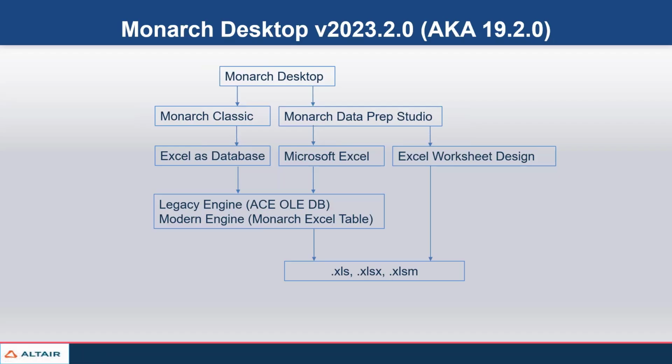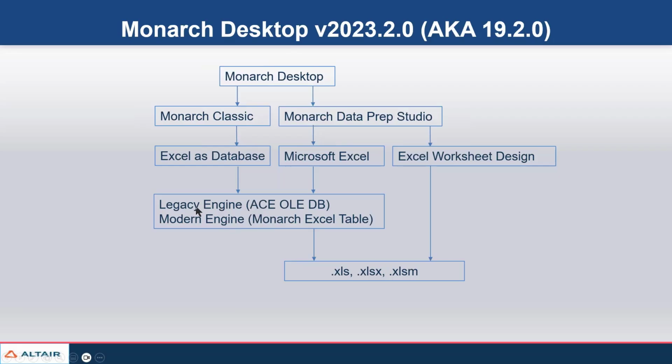If you are using the legacy engine when you build your model or workspace, you also need to use the legacy engine in Monarch Server Automator. Or if you're using the Mother engine, you have to make sure you're using Mother in the Automator. Other than that, you can use one or the other.